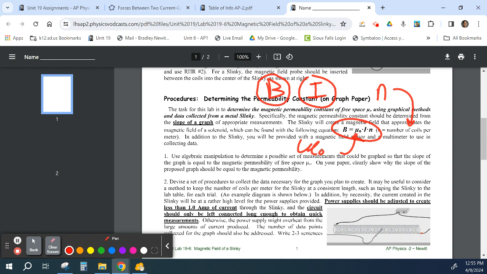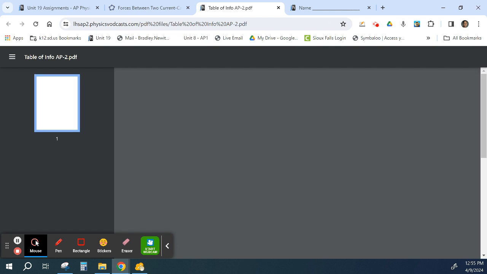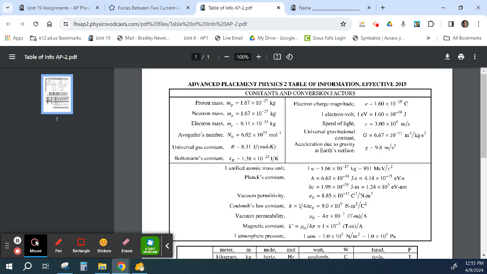Now, to compare, if you go back here to this table of info, this constant is on there, so you can get an idea of what this should end up being. If I can, I'll try reloading here. There it goes. Okay. And so we're talking about this constant right there.